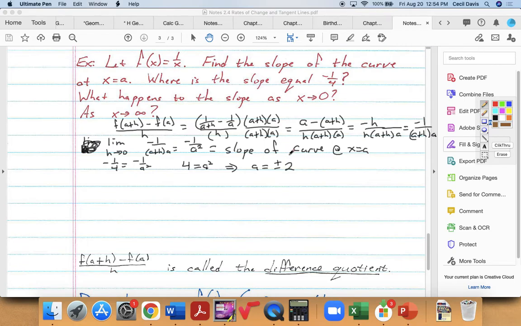What happens to the slope as x goes to 0? Well, as x goes to 0, the slope is going to go to negative 1 over 0 squared. Notice the denominator is always positive, numerator is always negative. So this is going to be a negative infinity. Because the denominator is quite small, when you divide a number by something that's quite small, you get a very large outcome.